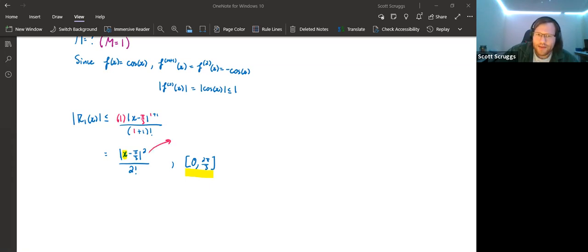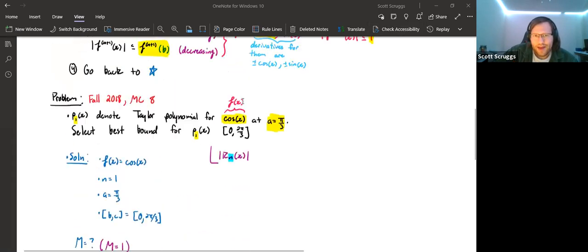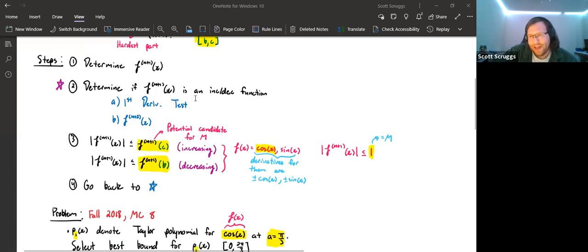And the way we're going to get around that is something similar to what we've done in general, when we talked about checking if the n plus 1 derivative is increasing or decreasing.